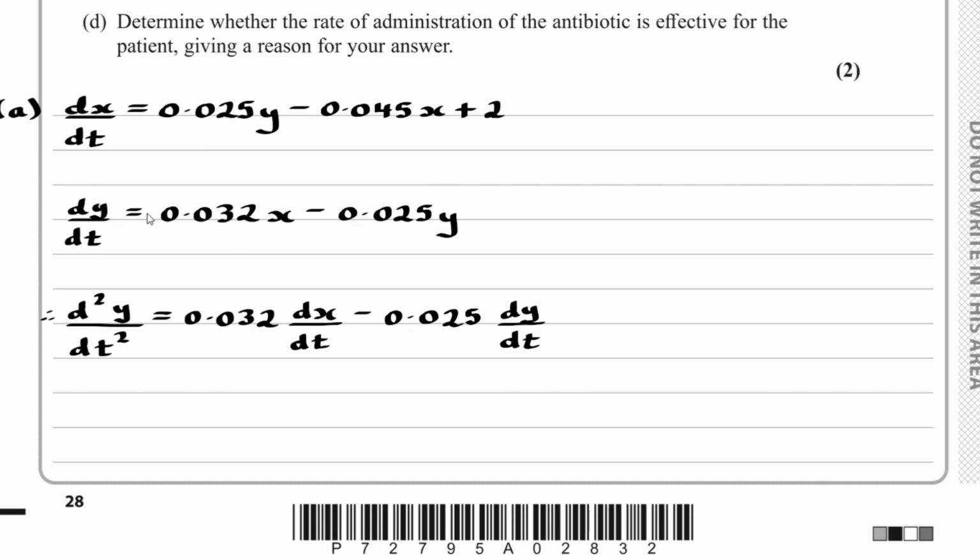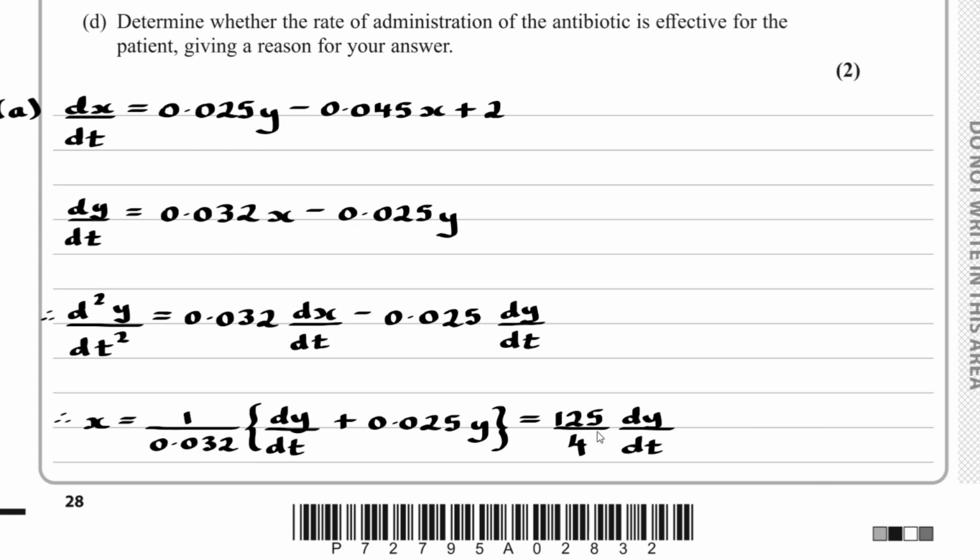So what we can do with our second equation is rearrange for x. If we have dy over dt equals 0.032x subtract 0.025y, we can rearrange for x. x is equal to 1 over 0.032 multiplied by dy over dt plus 0.025y. And if we work this out by expanding, 1 over 0.032 is 125 over 4.